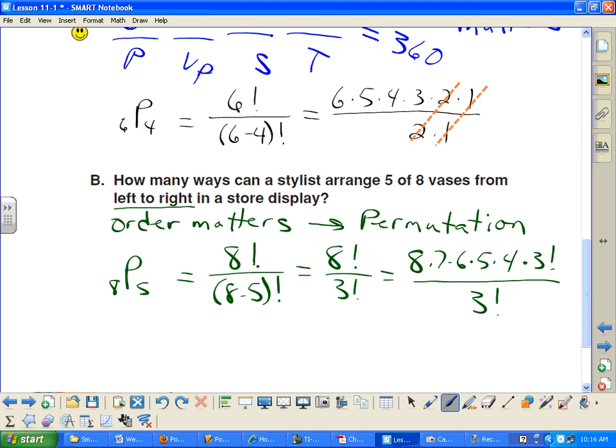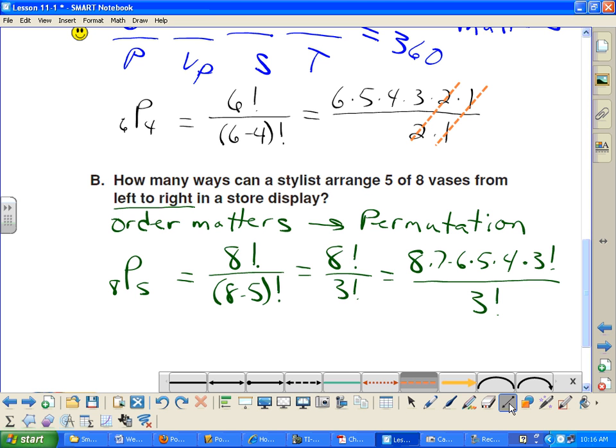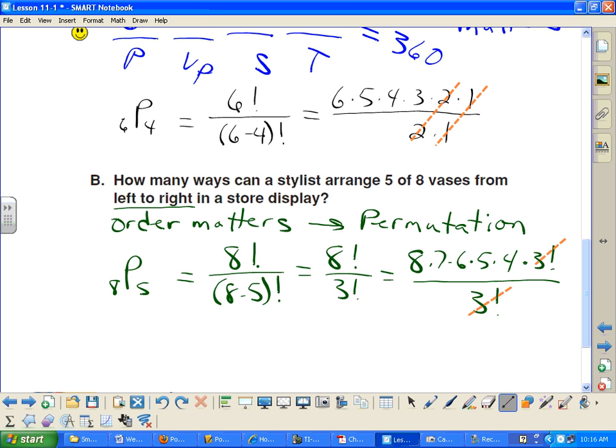That I can stop and write the rest of this as 3 factorial, right? Because all it is 3, 2, 1 that I'm multiplying together. So I can just leave that as 3 factorial. My denominator then is 3 times 2 times 1, which is 3 factorial. And that allows me then just to cancel them out, which will simplify a little bit of my multiplication.